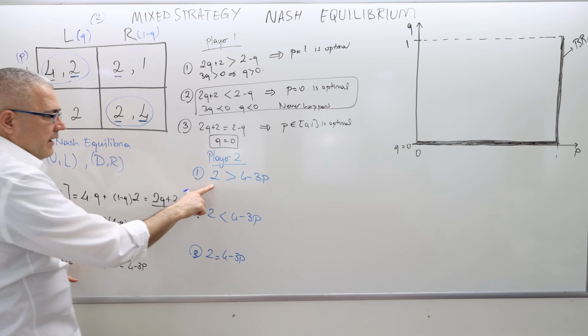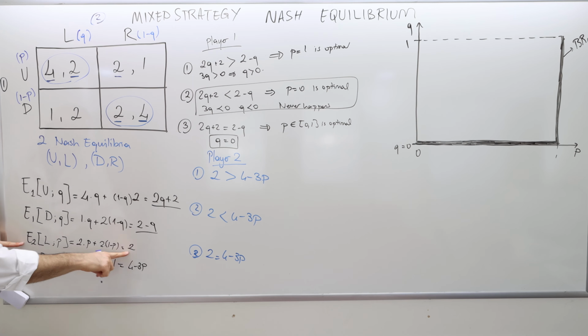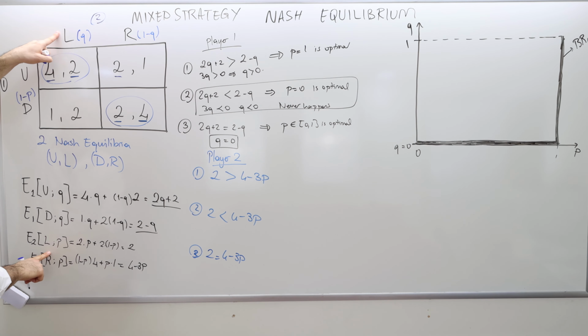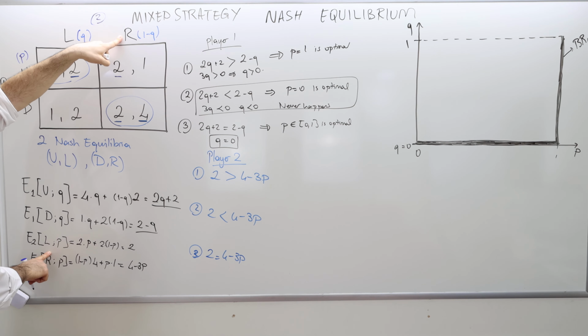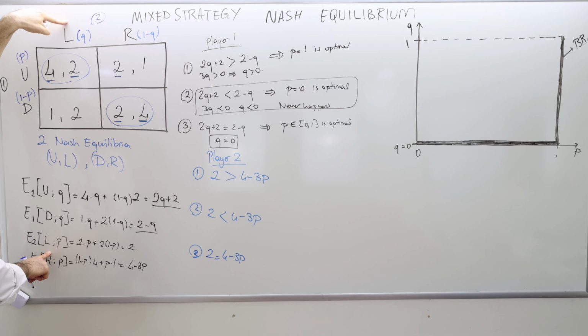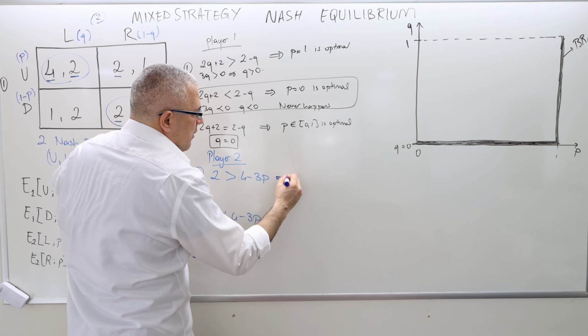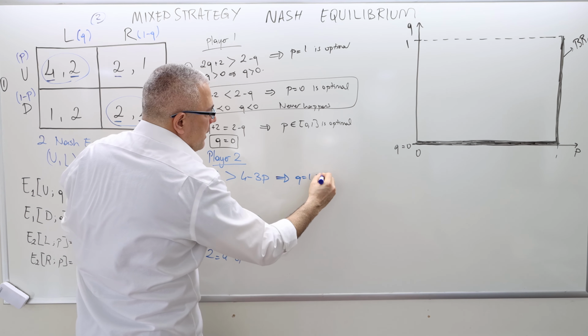When 2 is greater than 4 minus 3P, it means that for player 2, left is a more profitable strategy than R. If you play R, you're going to regret it. You should play L without any uncertainty, meaning you should choose Q equals 1. So Q equals 1 is optimal.